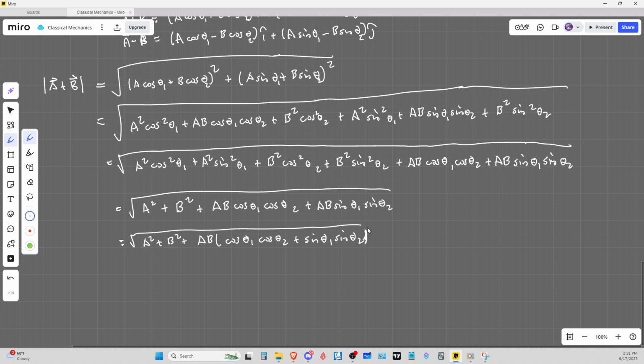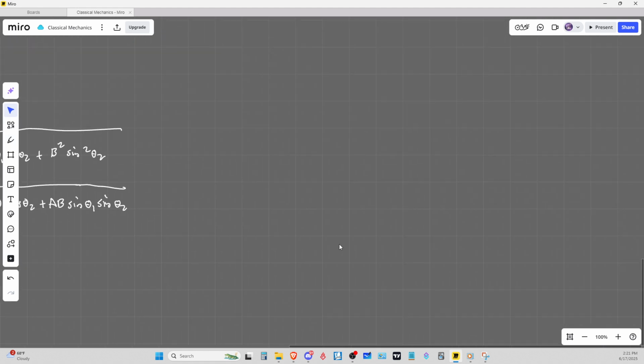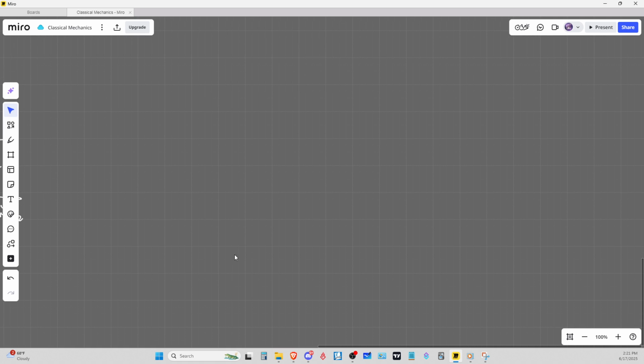Since we have a bit of a long job on this side, let's see if we can start doing the other end, which is A minus B. So I think we'll probably do it on this side. See how it goes.